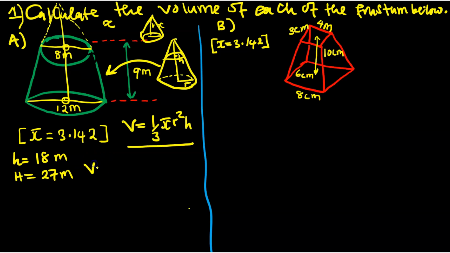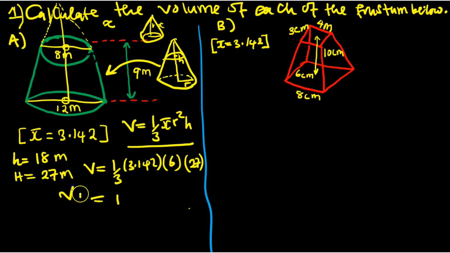How do you find it? Volume of a big cone is 1 over 3, pi is 3.142, multiplied by the radius. We use the radius of the big one, since we are finding for the whole, so we put 6 here, squared. The height for the big one is 27. If we multiply this, we get 1018.0.